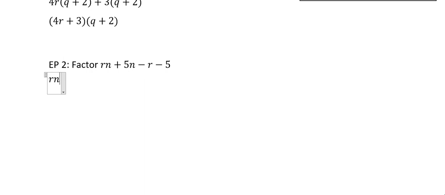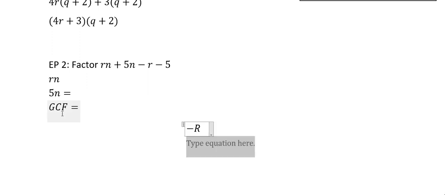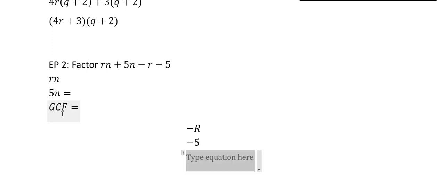And we're going to pair that with 5n. And we're going to find the GCF there. And we'll do the same thing for negative r and negative 5. And we will find the GCF of those.